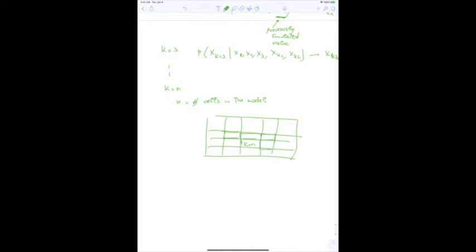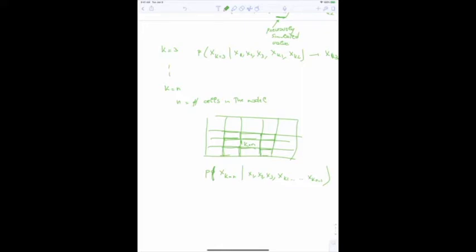So N is the last one of the cells that we randomly visit. So now when we compute this PDF here, we're going to compute a PDF, which is the probability of x for k equal N, given x1, x2, x3, and then we have all the xk1 to xk N minus 1.